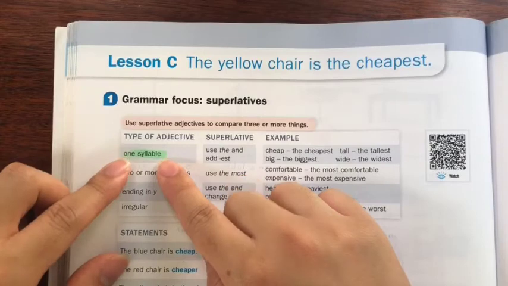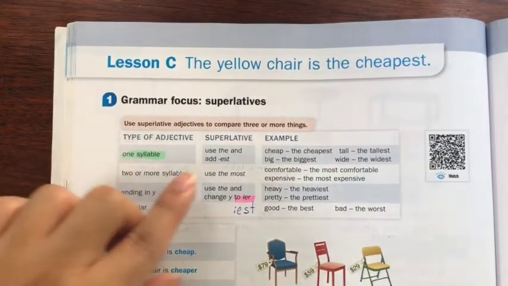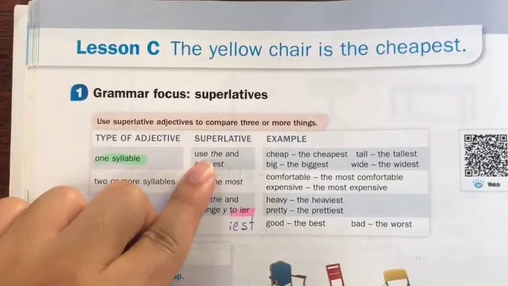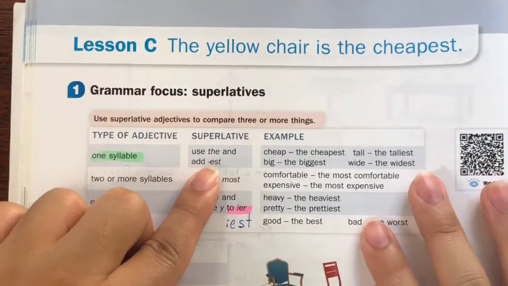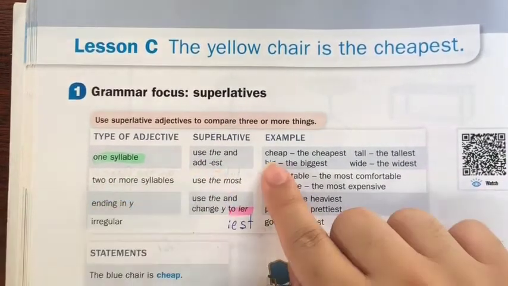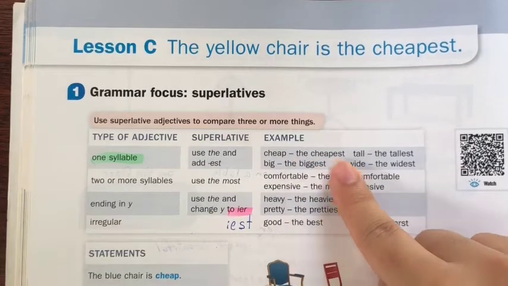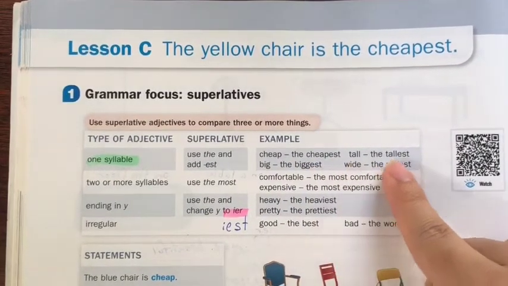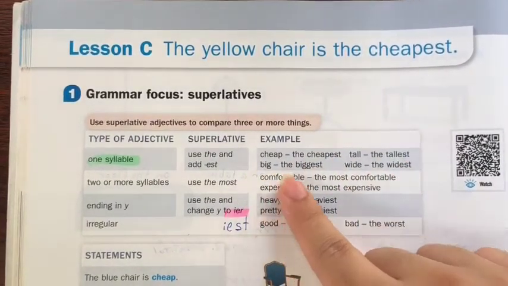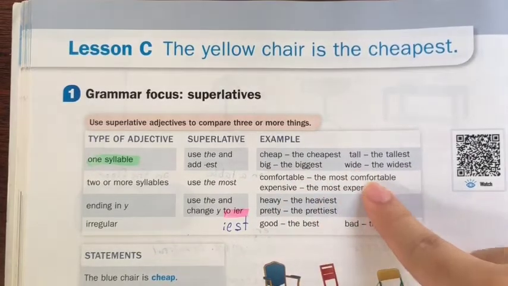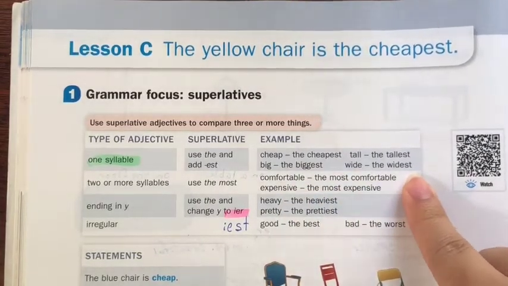When the adjective has one syllable, we use the word the at the beginning, and at the end we add est. So cheap becomes the cheapest, tall, the tallest, big, the biggest, wide, the widest.